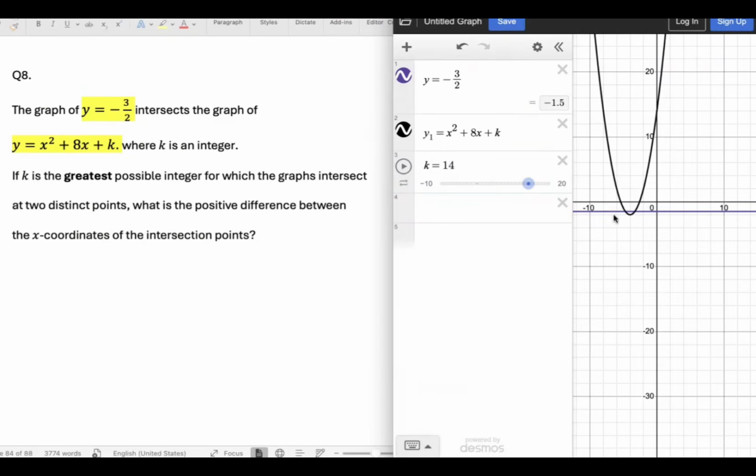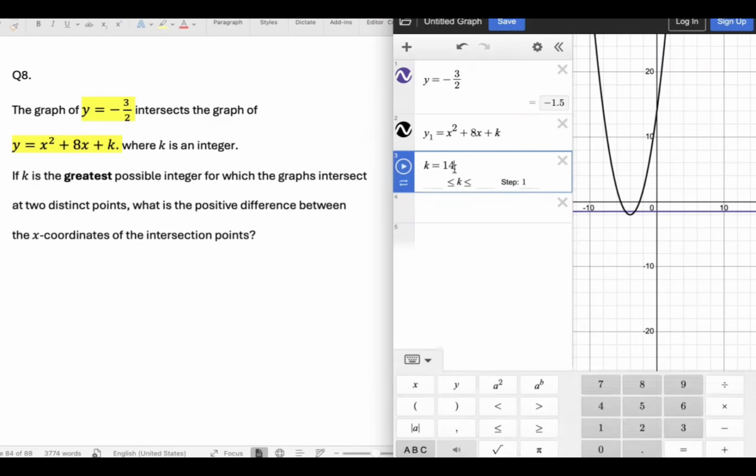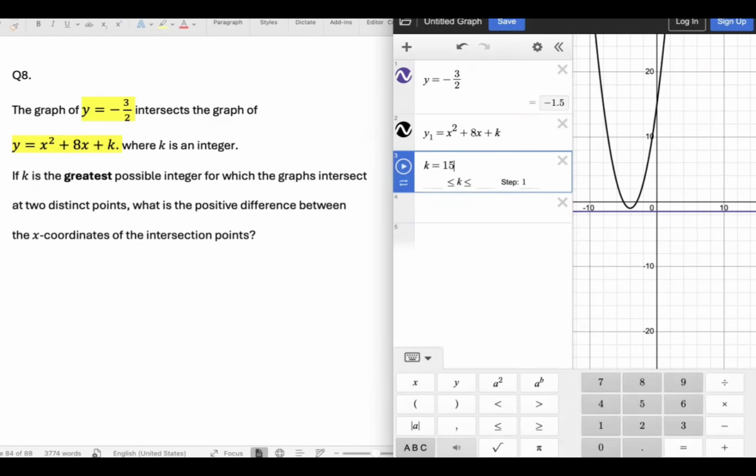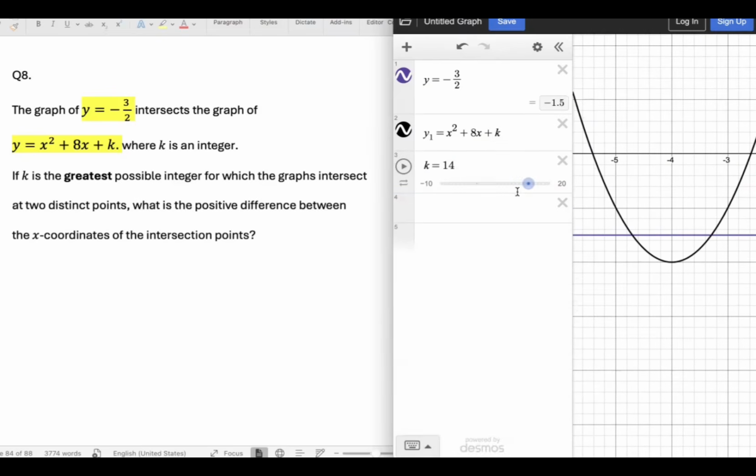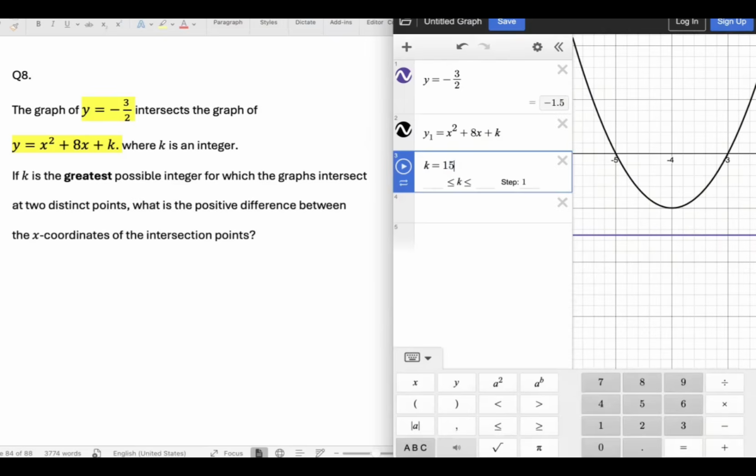At 14, I have a solution. Let me make it 15. I don't have a solution. 14, I have a solution. 13, I have a solution. 12, I have a solution. Therefore, the greatest number is 14. There's a tiny solution here, and this is your point right here. Because if you put 15, no solution. Therefore, this is the greatest possible value of k to get a solution.